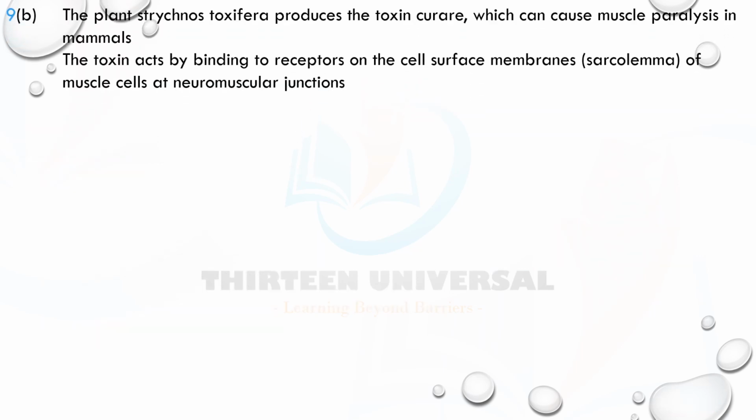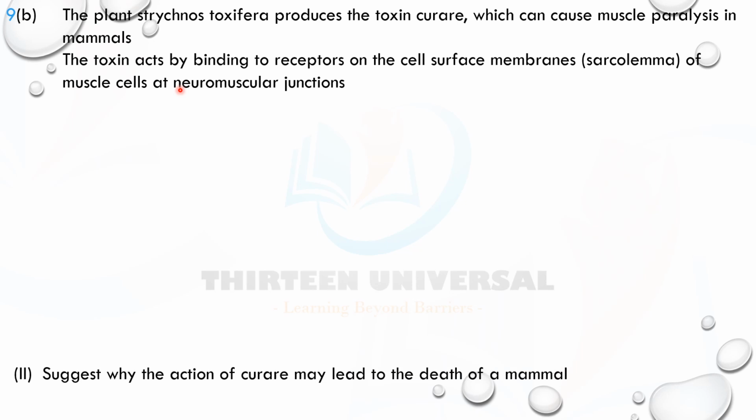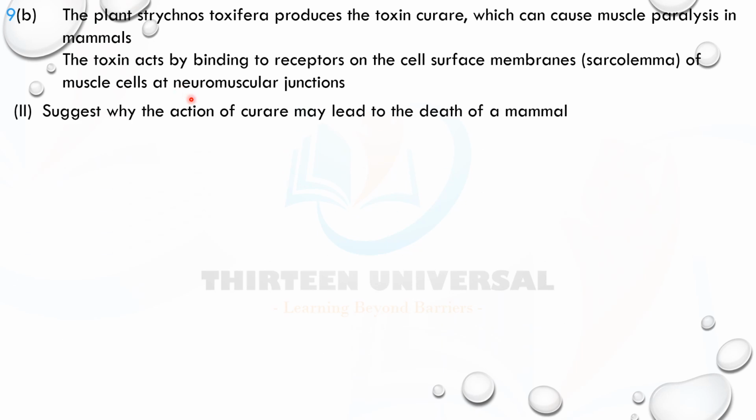The plant Toxosphaera produces the toxin Caie, which can cause muscle paralysis in mammals. The toxin acts by binding to receptors on the cell surface membrane, the sarcolemma. I think we have done that before. This suggests why the action of Caie may lead to death. Remember that when it blocks, there's a problem here.